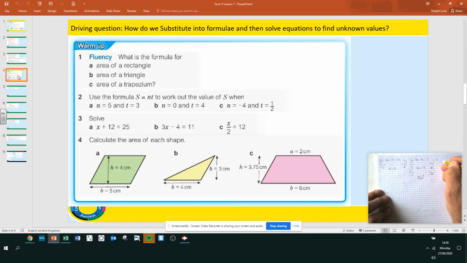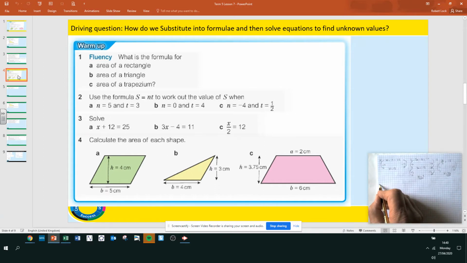C. x over 2 equals 12. The opposite, the inverse to division, is multiplication, so we times everything by 2. So we times by 2 on both sides. That becomes x equals 2 times 12, 24. Done.